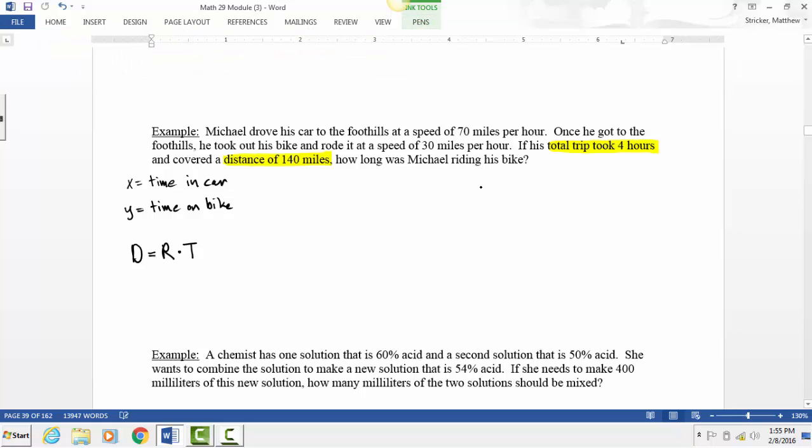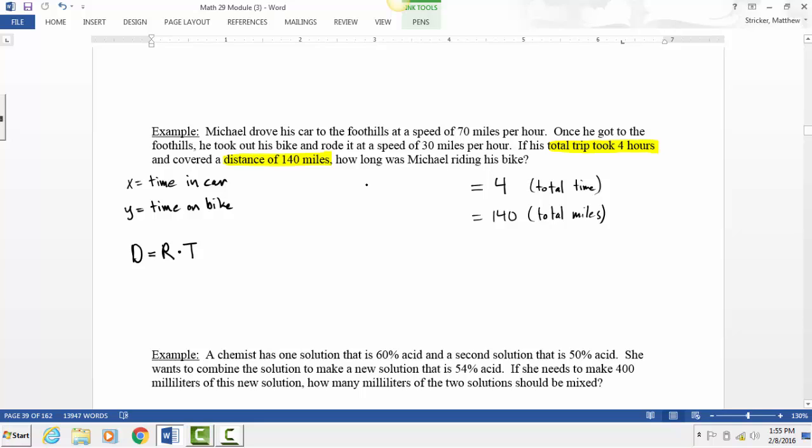So we have 4 hours total time and 140 total miles. First equation should be the easiest one because we already defined variables x and y to be the time in the car and on the bike.